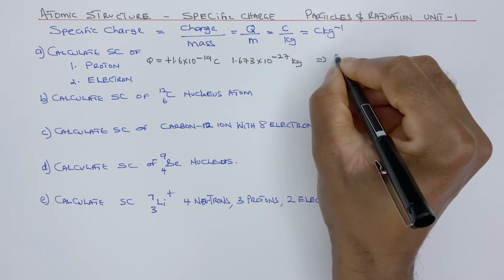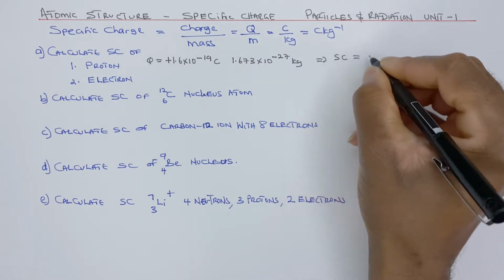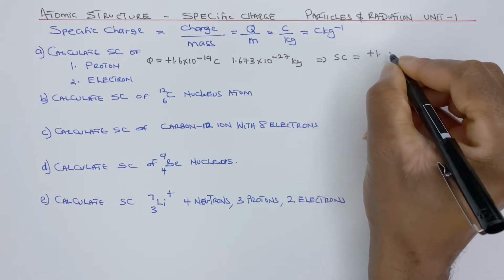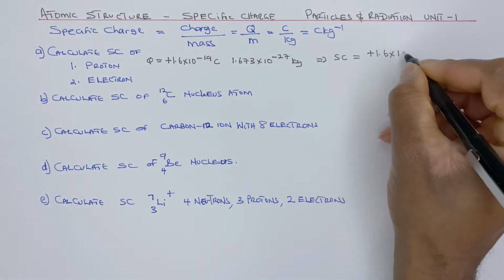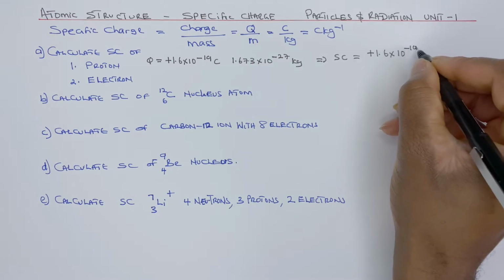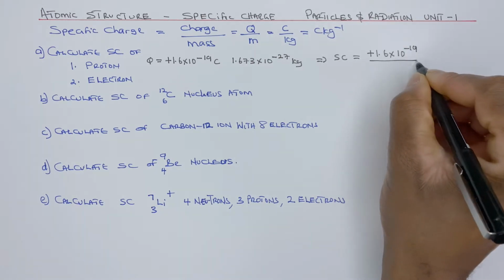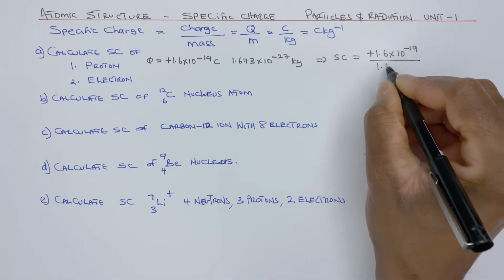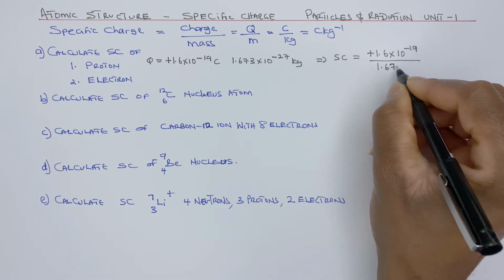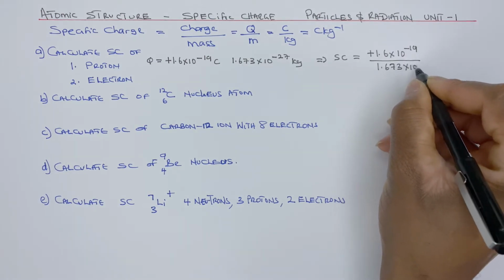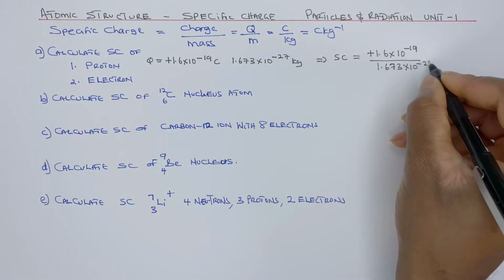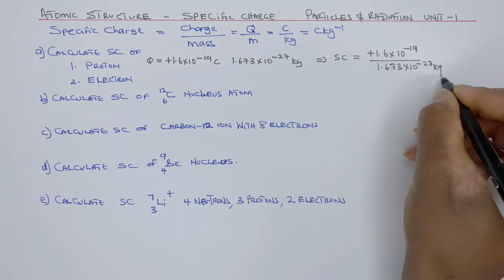The specific charge will be plus 1.6 times 10 to the power minus 19 coulomb divided by 1.673 times 10 to the power minus 27 kilograms.